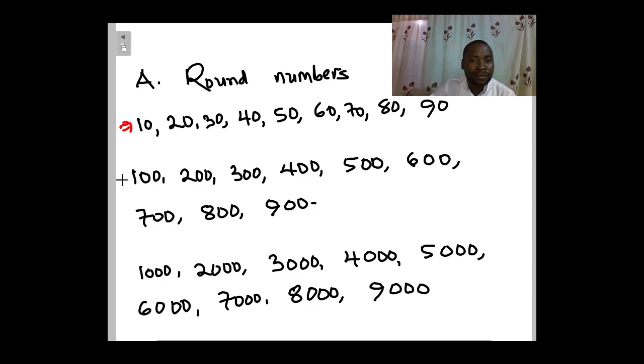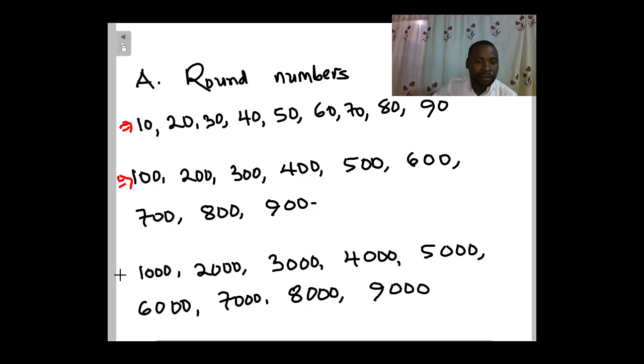And the second set of numbers, look at them here. These numbers, 100, 200, 300, 400, 500, 600, 700, 800, 900. This is the second set of numbers.